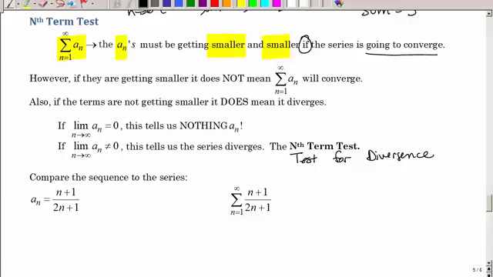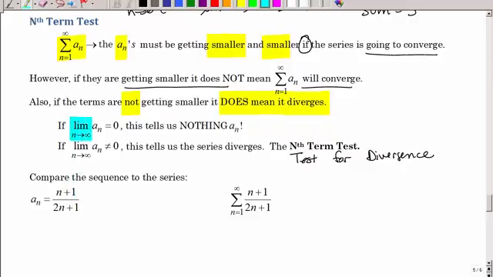It says that has to happen in order for it to possibly converge. It doesn't say if they're getting smaller, it will converge. That's not what it says. A little confusing. What it does say is if the terms are not getting smaller, it means it does diverge.